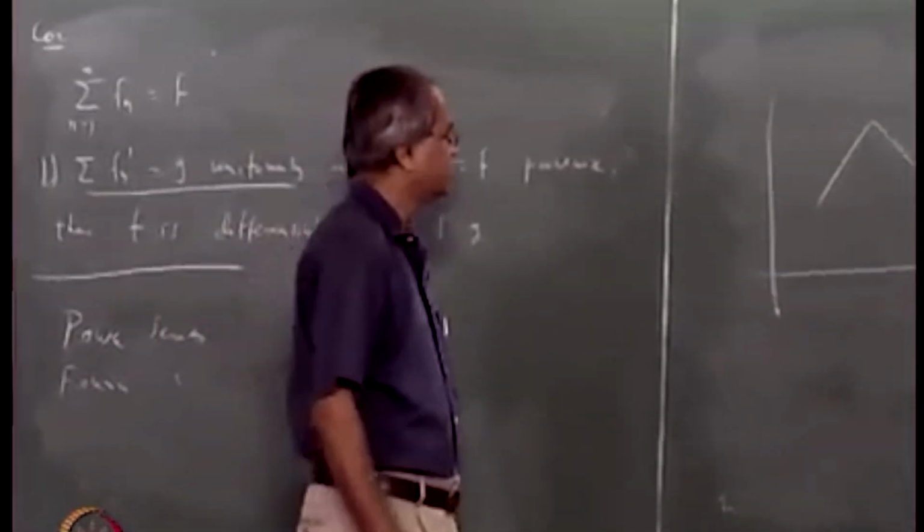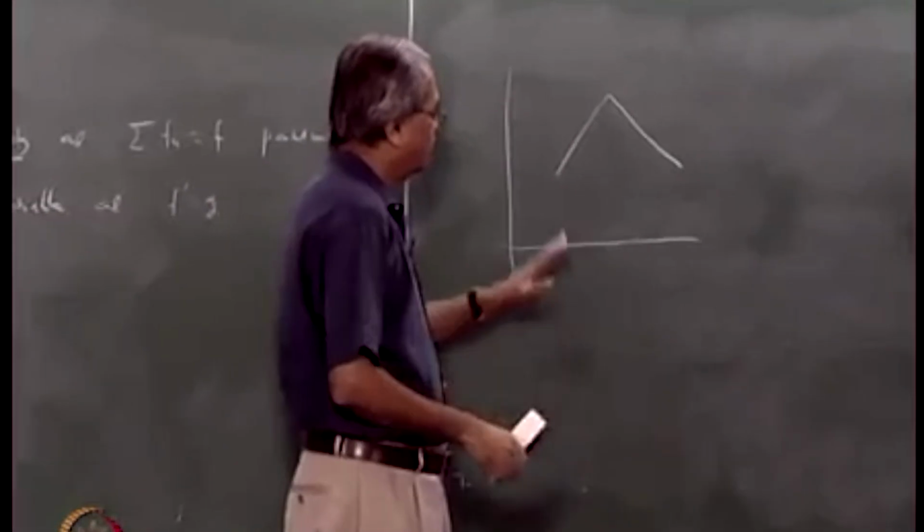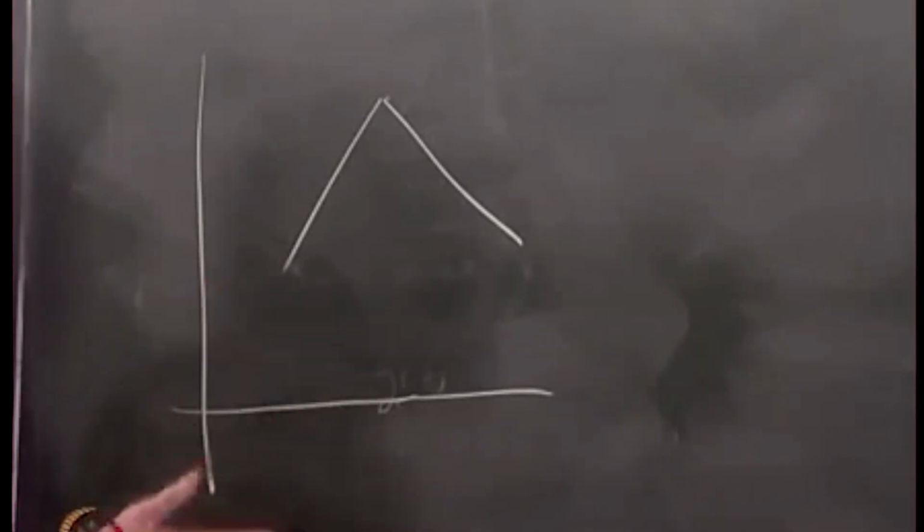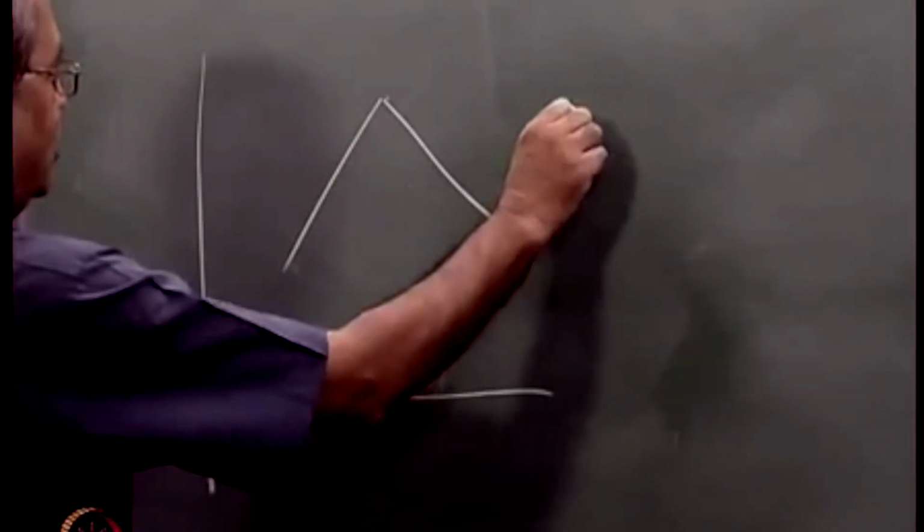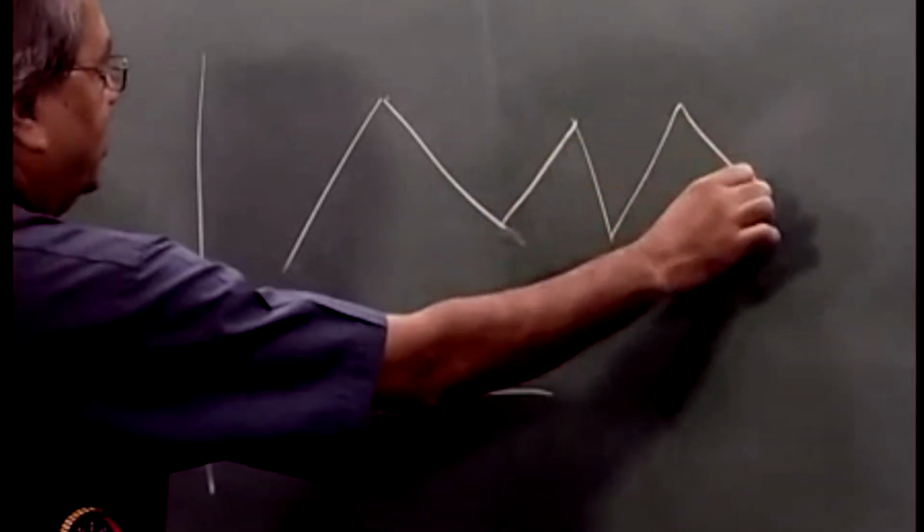Suppose you want a function which is continuous but not differentiable at 2 points, one can have a function like this, or suppose more than 2 points, it can be a function something like this.